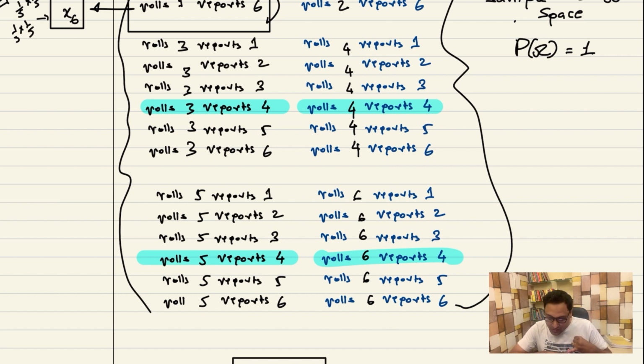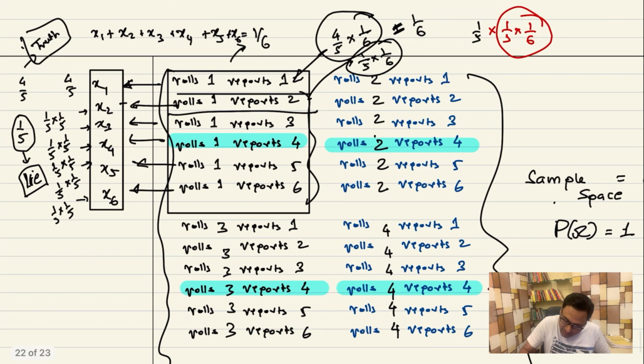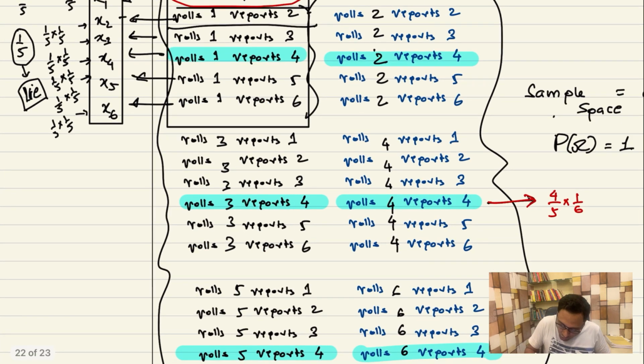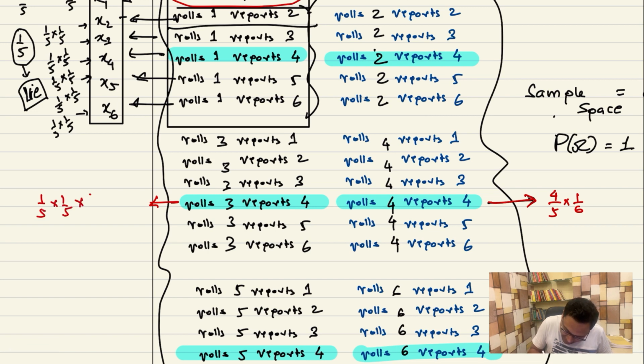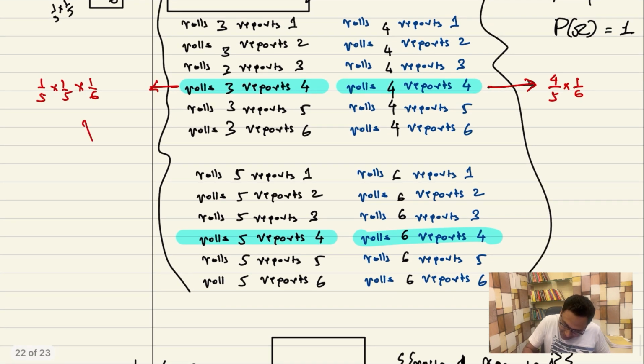One of them has the probability 4/5 of 1/6, just like rolls 1 and reports 1. And all the remaining ones have probability 1/5 of 1/5 of 1/6.